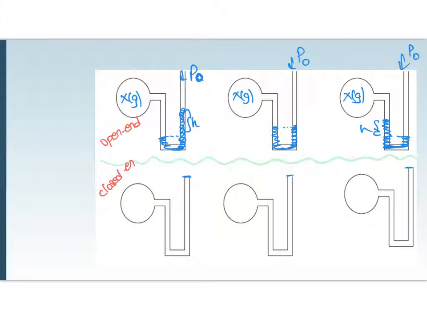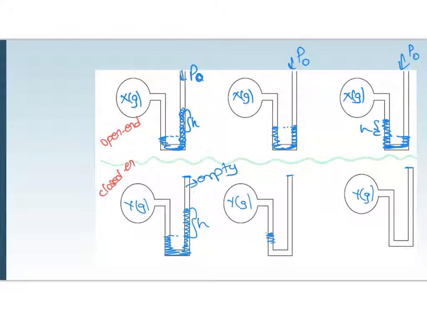For the other ones, let's say you have Y gas here, again Y gas, again Y gas. Initially there is a mercury level difference here with a value of H, but in this case this side is empty.